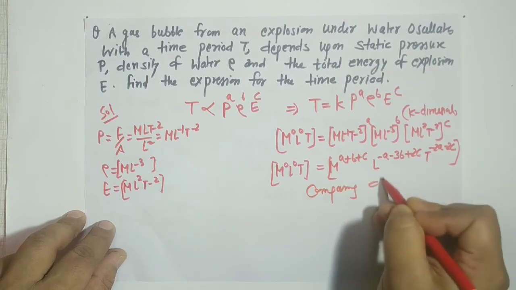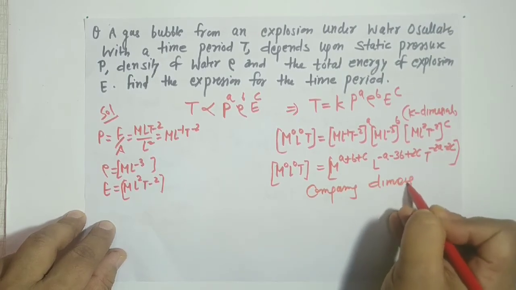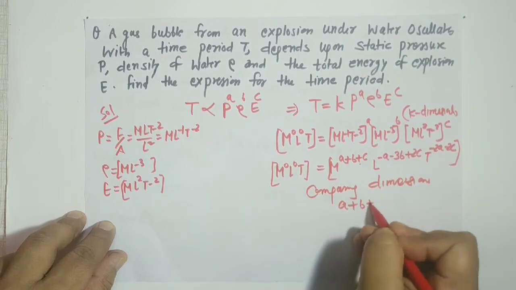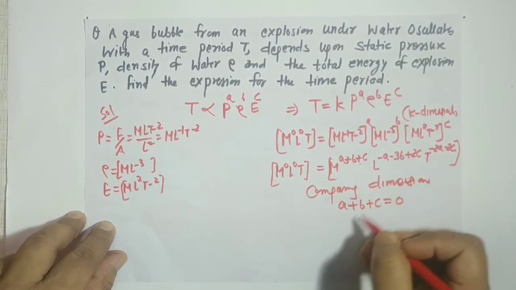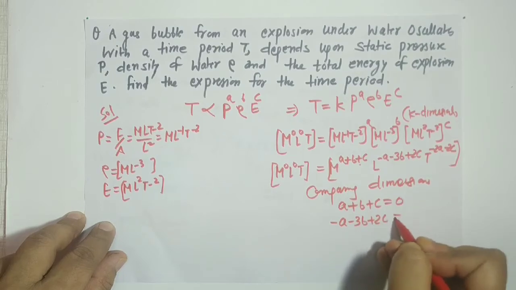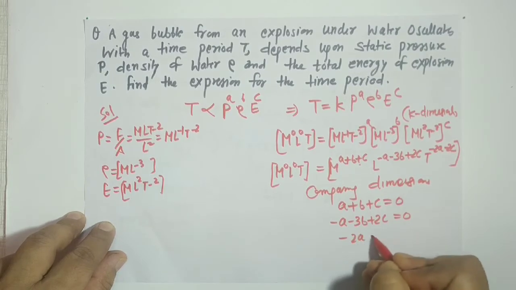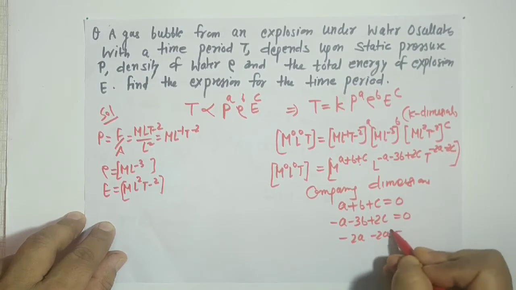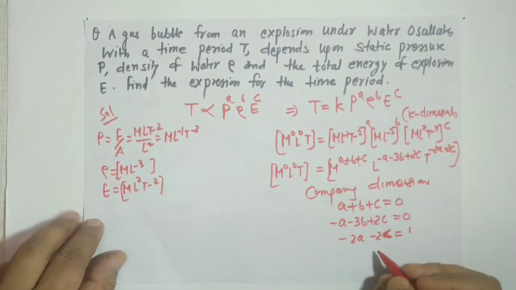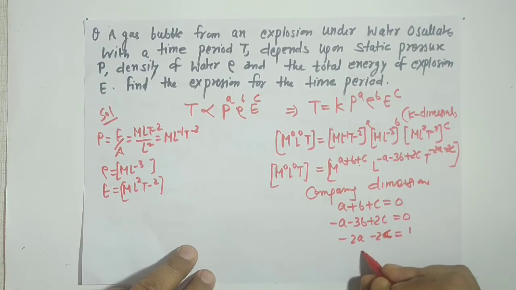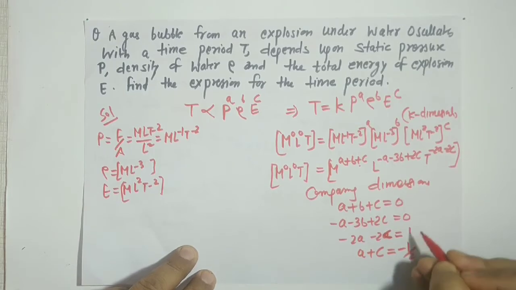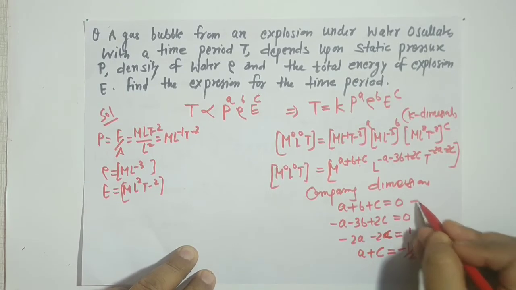Now comparing dimensions, we compare the powers. So what is a plus b plus c here? It is 0. Then minus a minus 3b plus 2c is also 0. Then minus 2a minus 2c is 1. Are you getting it? So we can say that a plus c is minus half from here. So we have these equations 1, 2, 3.